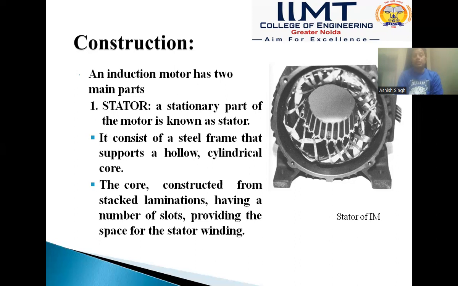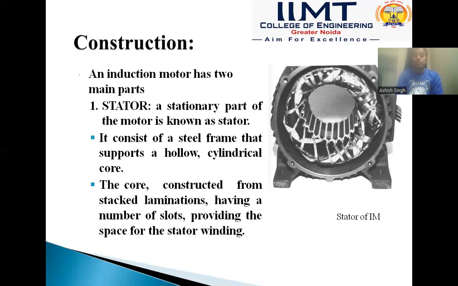Why is it constructed from stacked lamination? To reduce eddy current losses, as we know that eddy current loss mainly depends on the square of frequency and square of thickness. So we can reduce eddy current loss by using stacks of thin laminated sheets instead of a solid core. So the stator core is mainly constructed from stacked lamination.